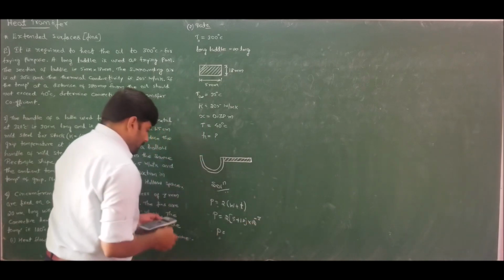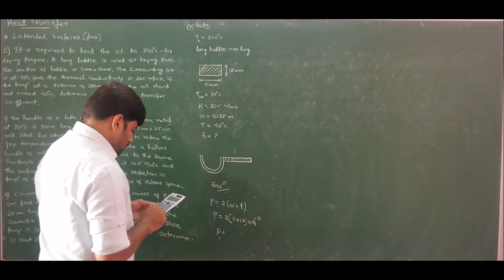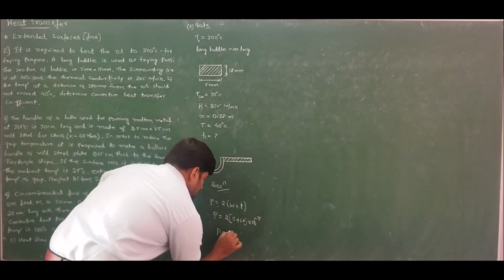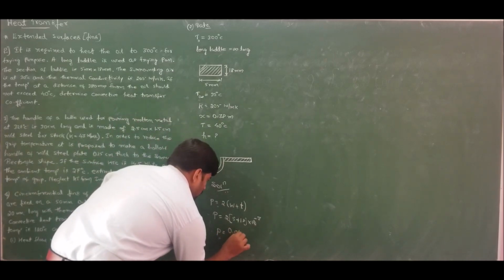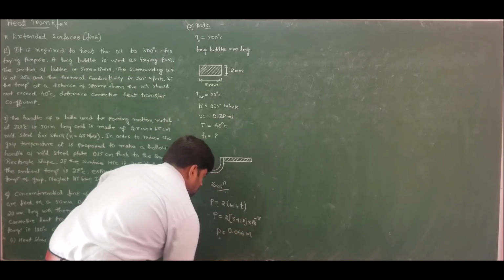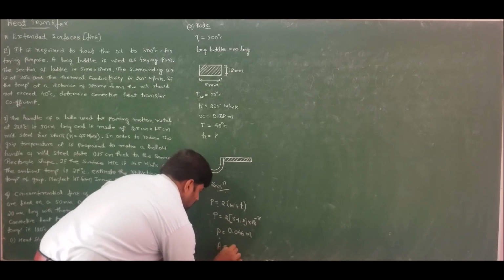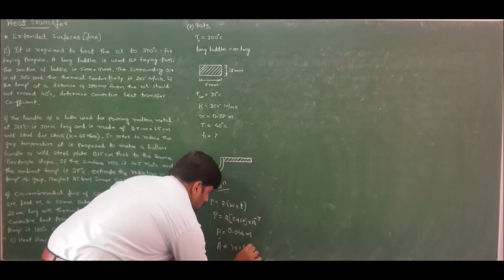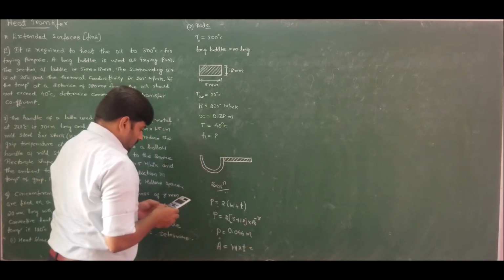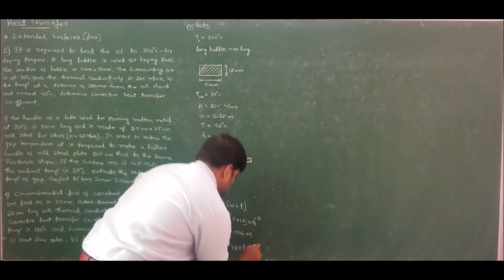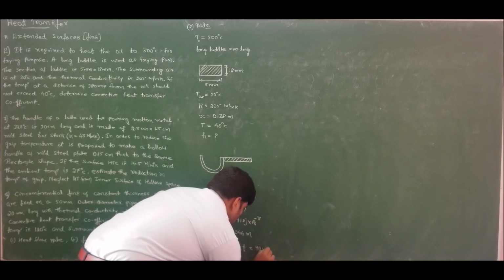So therefore perimeter will become 5 plus 18 into 2, that is 46 into 10 power minus 3, that is 0.046 meters. And coming to cross sectional area, it is width into thickness. So width is 5 mm, thickness is 18 mm, which is 90 into 10 to the power of minus 6 meter square.